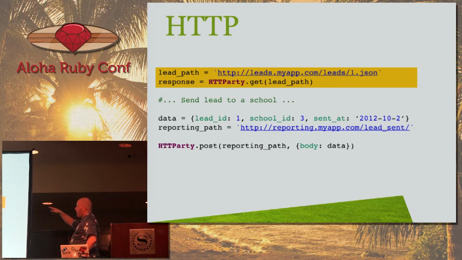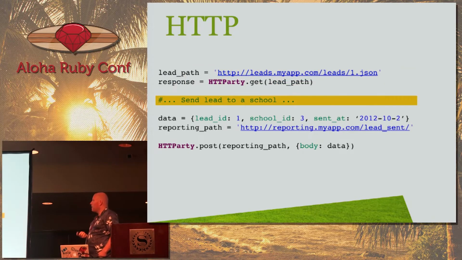So you have this path to the lead service. It calls into leads, it gets JSON back, and then you get the response by calling that, and that gives you your JSON object. And we were using Sinatra on the back end for these services.